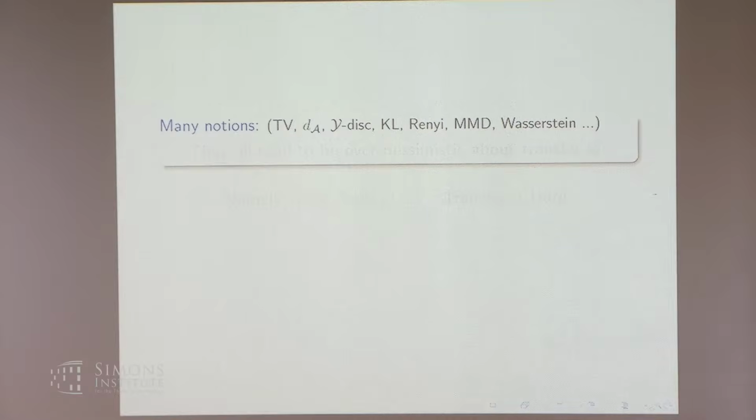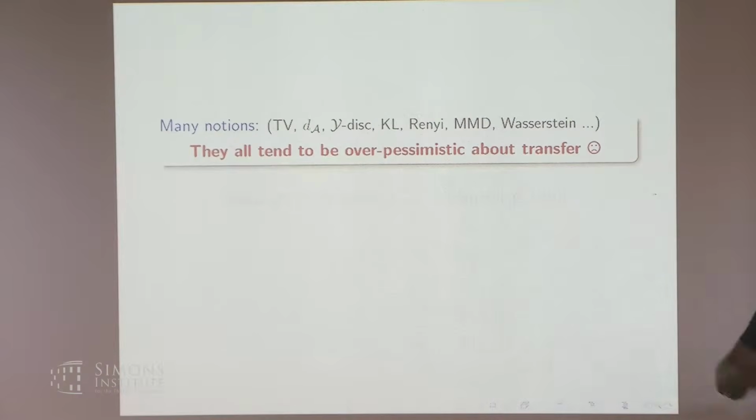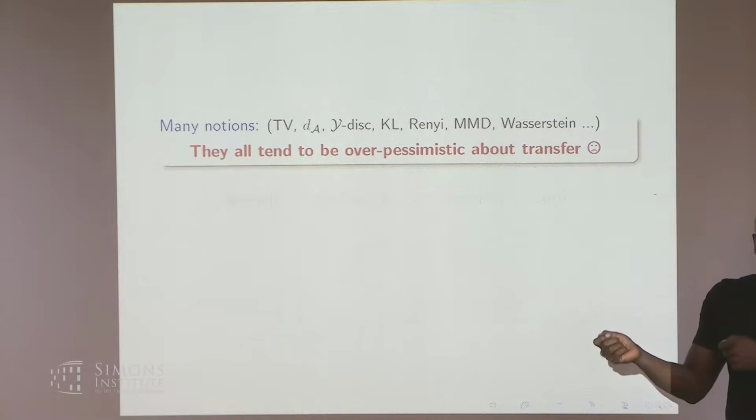And the type of results they obtain tend to be of that same form: if P and Q are close to each other under the choice of metric, then transfer learning is easy. Then we can transfer from P to Q, right? So that's sort of the gist of a lot of these results.